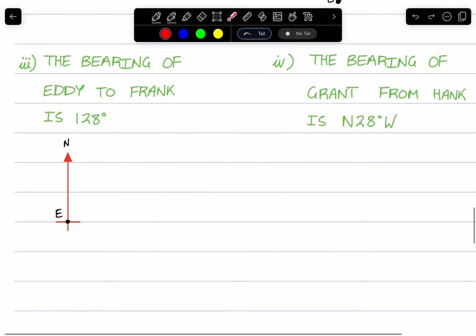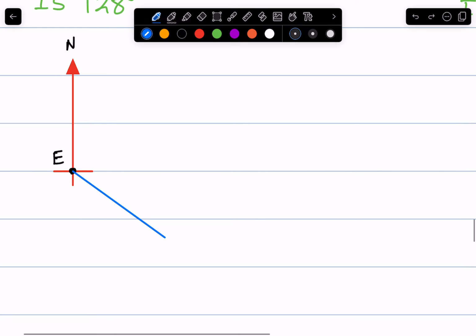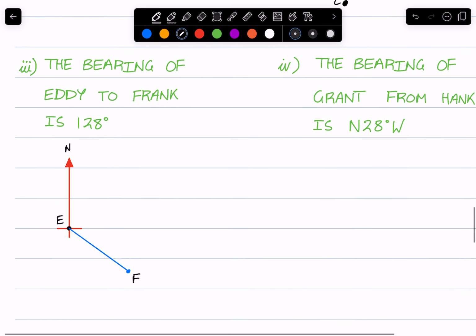So that's a true bearing, meaning we face north and rotate Eddie until he's facing 128 degrees. Let's imagine Eddie's facing here and he's rotating. That would be 90. This would be 180. So 128 would be approximately here. And Frank would be at the end of Eddie's vision there.